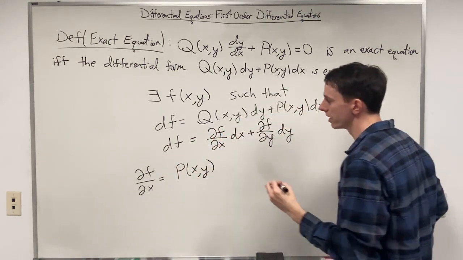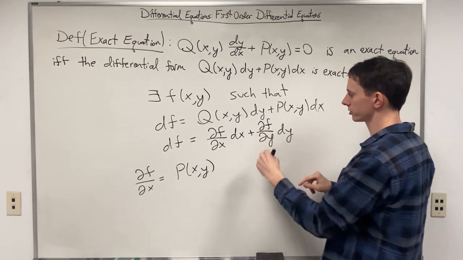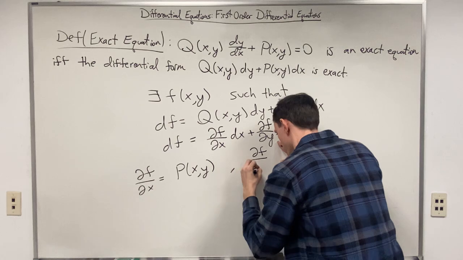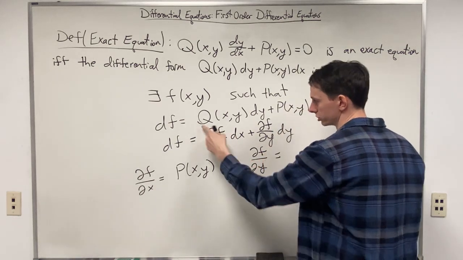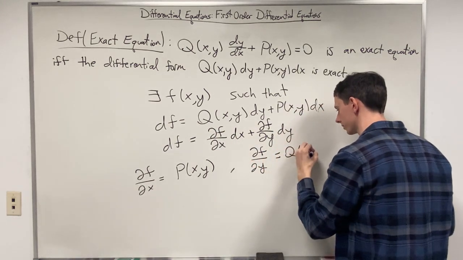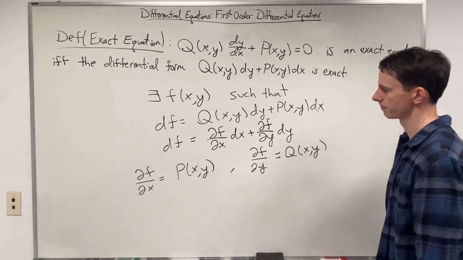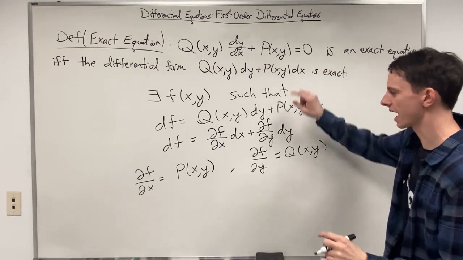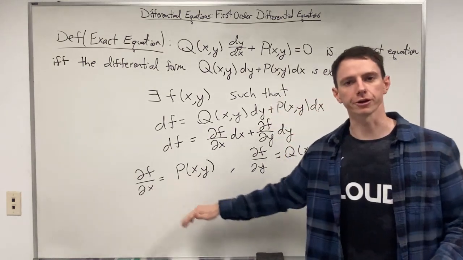And then by equating the dy terms, I'm going to have partial f partial y equals the q function, q of x,y, like this. All right. So we see that if the differential form is exact, it leads to these equations right here.